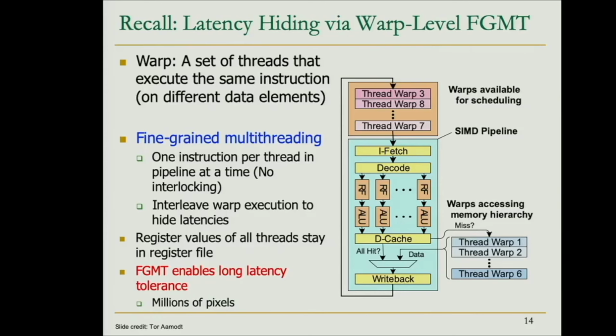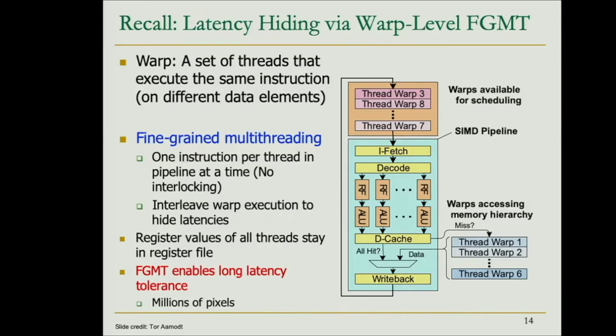We need to read from the register file the operands of the arithmetic operation, for example, that we're going to execute. And then we have our ALUs, these multiply-add and multiply units that you have seen. And then we have a data cache, the L1 cache.